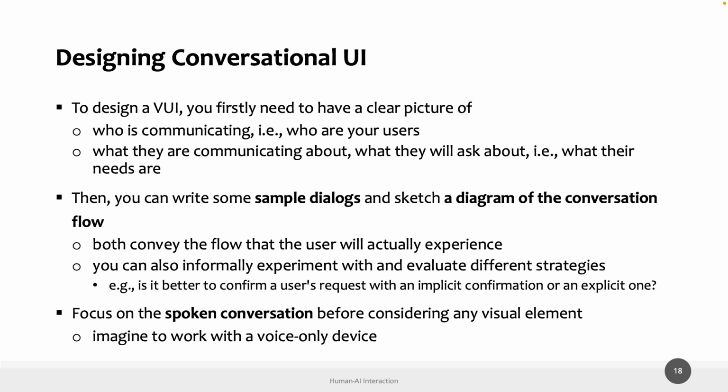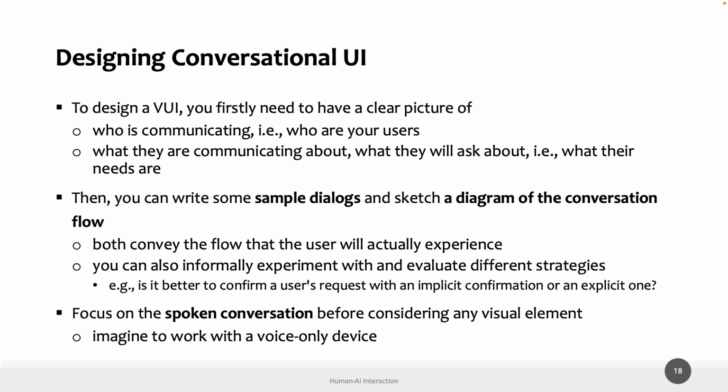And in this phase, you can also conduct some experiments, even without a running tool, to understand which dialogues are better or more effective. So obviously, in the exercise, you're not required to do that.